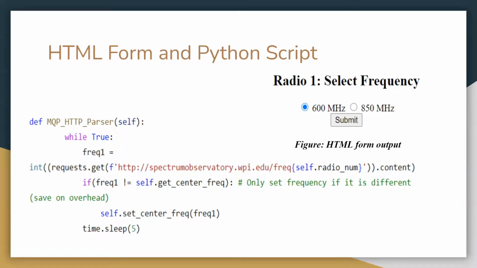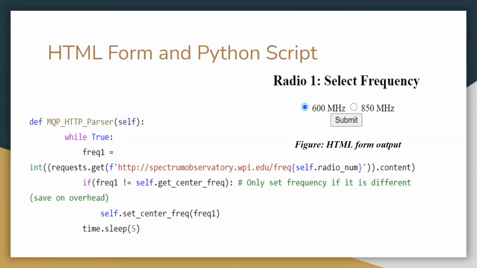Now, when GNU Radio Companion executed the spectrum sensing flow graph, a Python script called top block was generated. You can see that the function MQP HTTP parser was created to write a while loop for parsing data from HTTP GET.